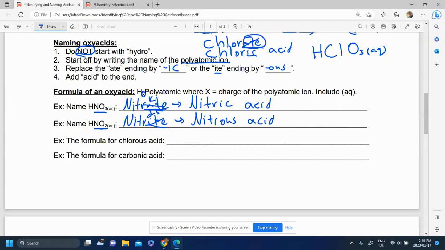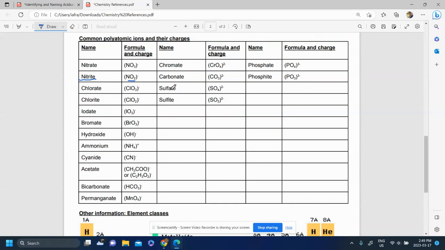All right, the formula for chlorous acid. So first of all, notice it's not binary because we have the ous, and also we don't have hydro in the front. So if we have the ous, this must have been ite, chlorite. So I'm going to put the H first and go find the charge of chlorite.